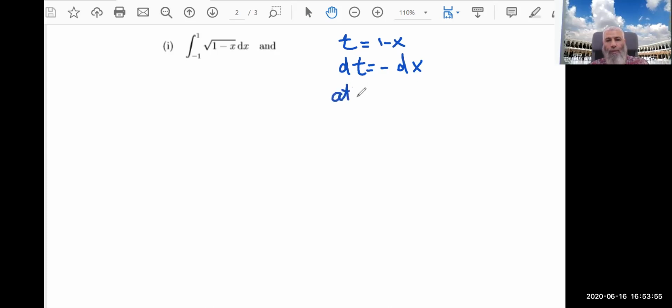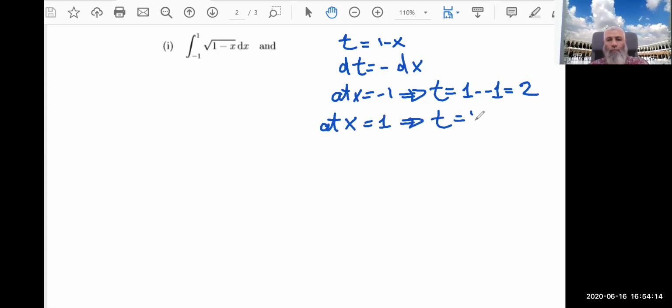minus dt. At x equals negative 1, t equals 1 minus negative 1, it will be positive, so it would be 2. And at x equals 1, t equals 0. So in this case t would be 0.